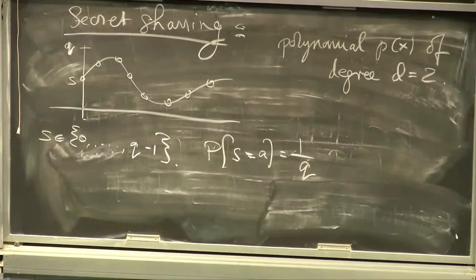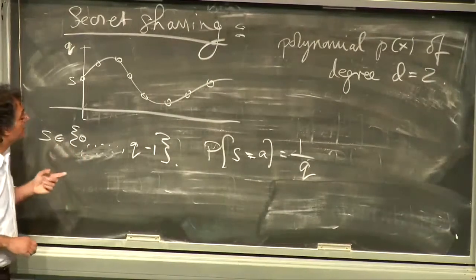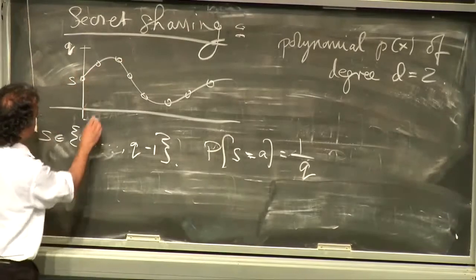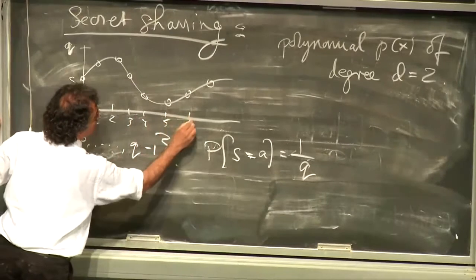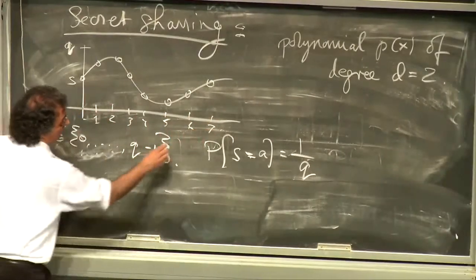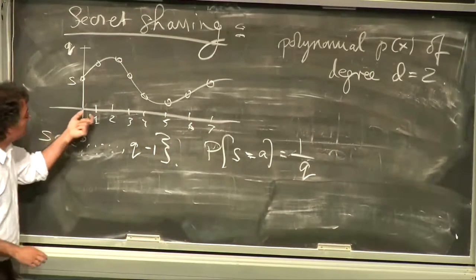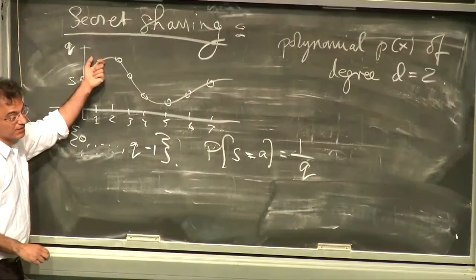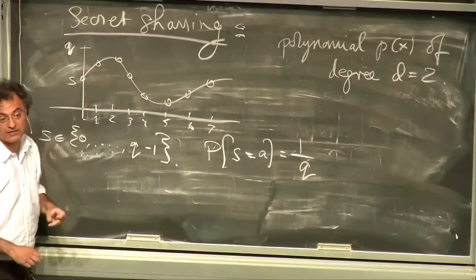We give out these points, so there's person 1, 2, 3, 4, 5, 6, 7. Each of them has been given a share of this polynomial. By share, I mean the value at this point. So person 1 gets this value, person 2 gets that value, etc.